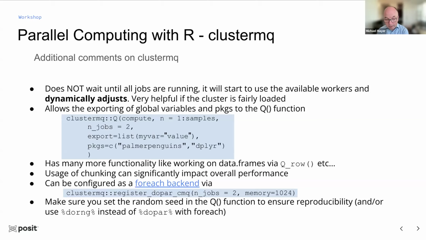With many other frameworks, your whole process would be stuck in the queue until 100 jobs would be able to run. ClusterMQ, however, is very flexible: it will start distributing work as soon as only one of those worker processes is running.